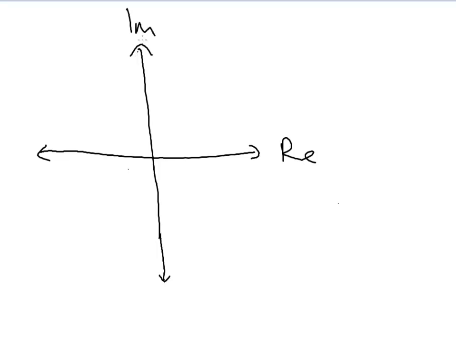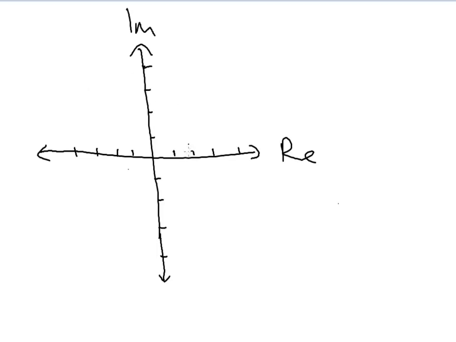So this will be i, 2i, 3i, 4i, and so on. This will be minus i, minus 2i, minus 3i, minus 4i. And on the real axis we have 1, 2, 3, 4, minus 1, minus 2, minus 3, minus 4.